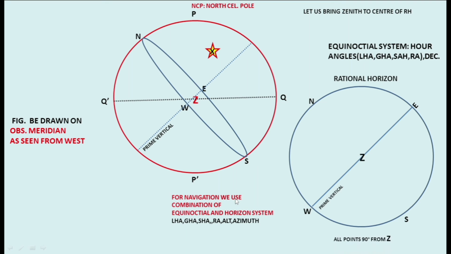So the zenith would appear somewhere in the center, and now you can see that all points are 90 degrees from the zenith. When I moved the zenith, along with it all these things will also move down parallel to the zenith: the pole, the body, the equator, and the meridian. They all come down to the rational horizon, and they would appear something like this, with the meridian joining north and south, the way it is joining here.